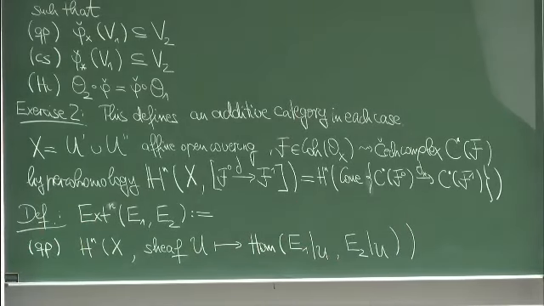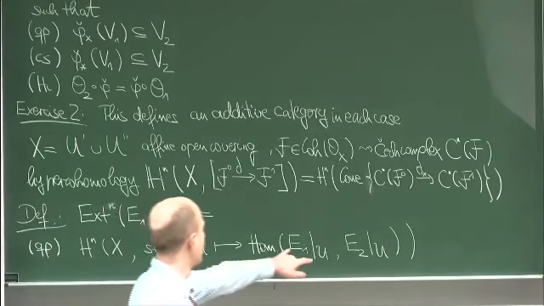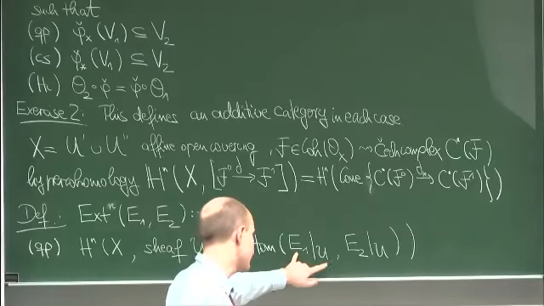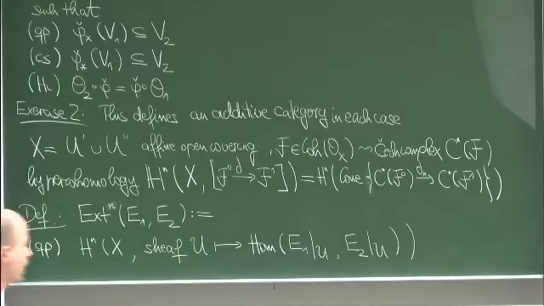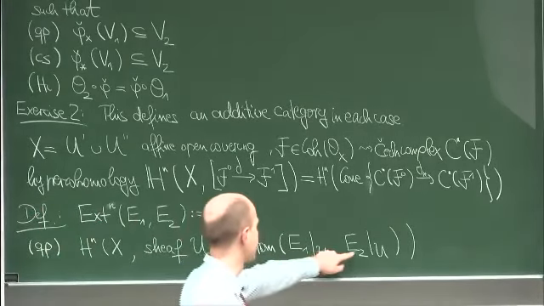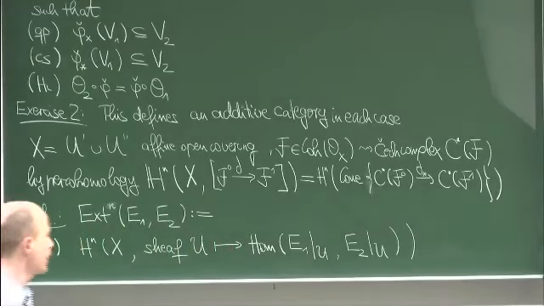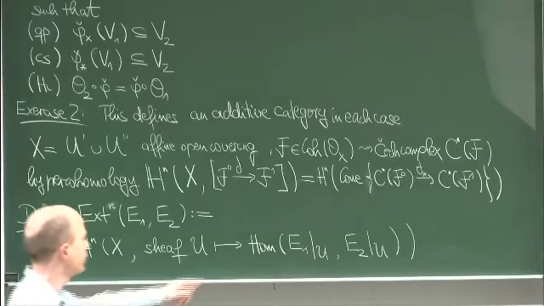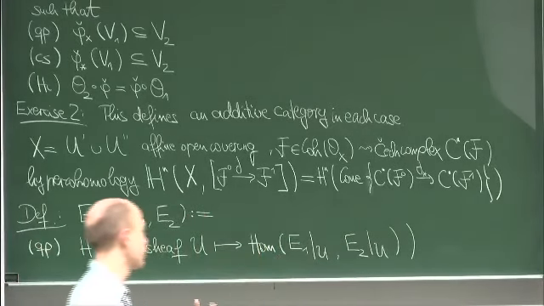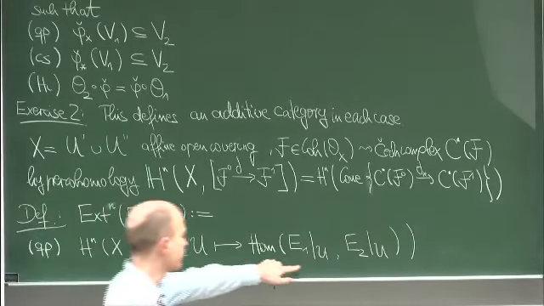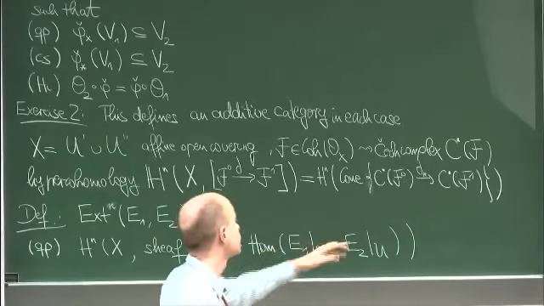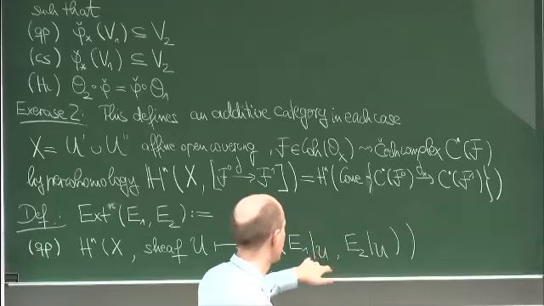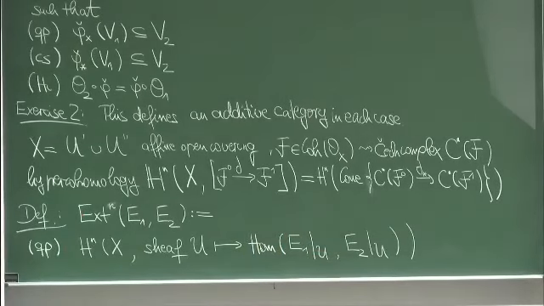So what does that mean? Well, these are quasi-parabolic bundles. So these are vector bundles endowed with a linear subspace in the fiber over the point X. If we have an open subset U which does not contain this point X, then here I just mean the morphisms of the underlying vector bundles. And if the point X is contained in U, then here I mean the quasi-parabolic morphisms, so the morphisms of the underlying vector bundles whose restriction to the point X respects the subspace.